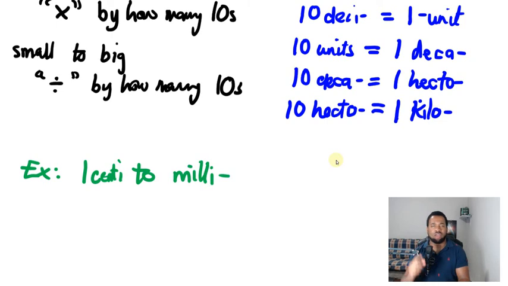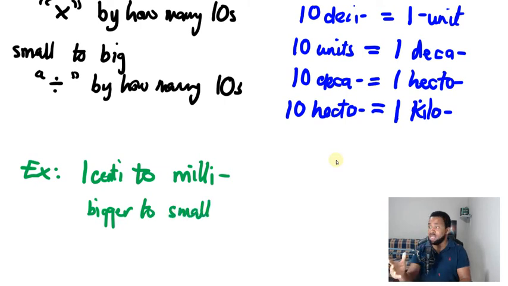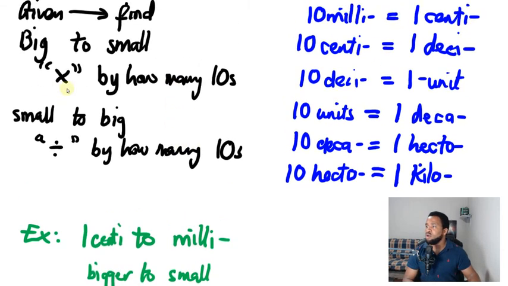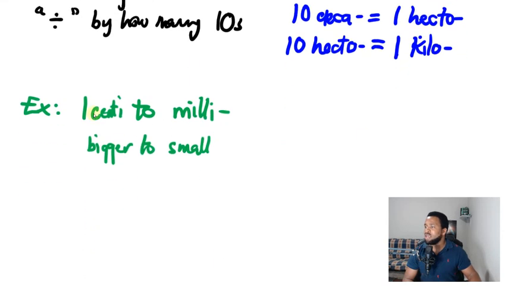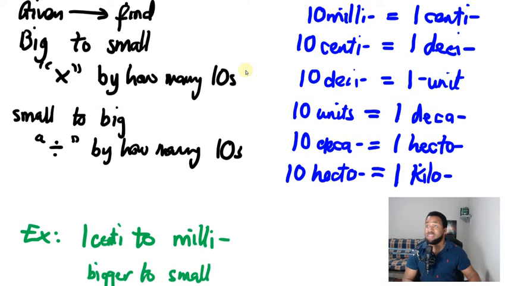Now to do that, we need to recognize this. We are going from bigger to smaller, because centi is bigger than milli. Therefore, when you're going from bigger to smaller, what are we doing? We're multiplying by how many tens. So based on this, you're going to multiply the number of centi, which is in this case 1, by how many tens?